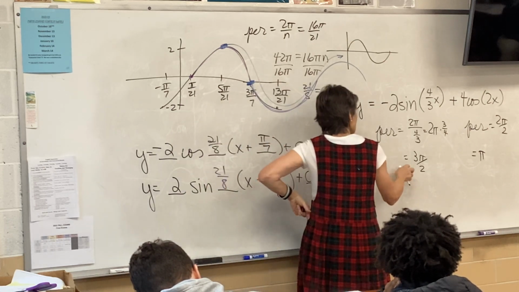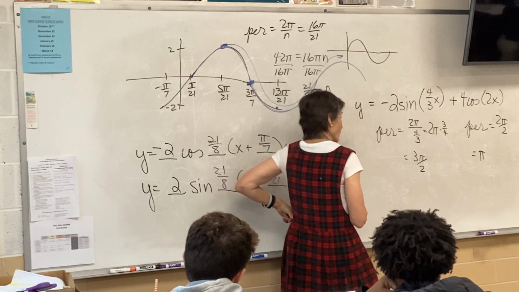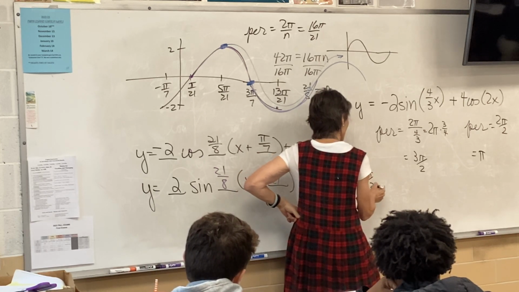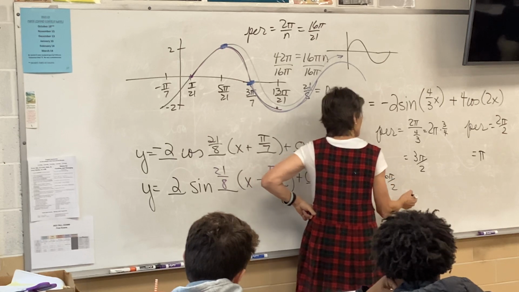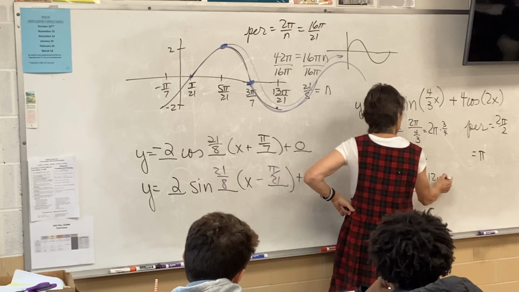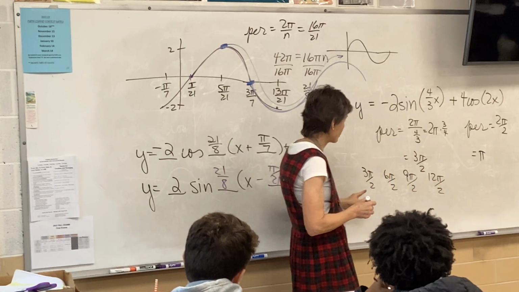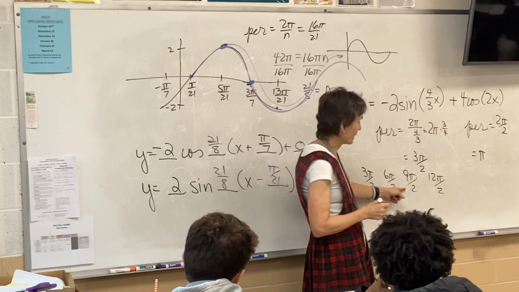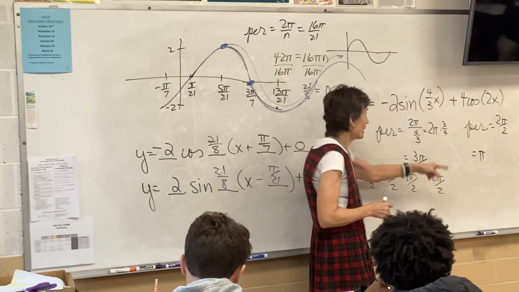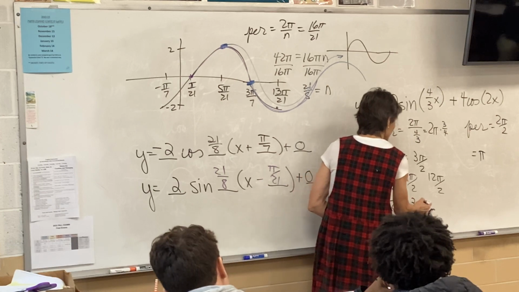Now, what does it mean to have a period of 3 pi over 2? Well, it means every 3 pi over 2, you repeat, right? So the curve starts over again every 3 pi over 2. That one starts over again every pi.